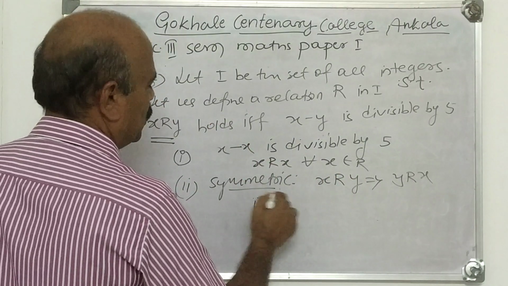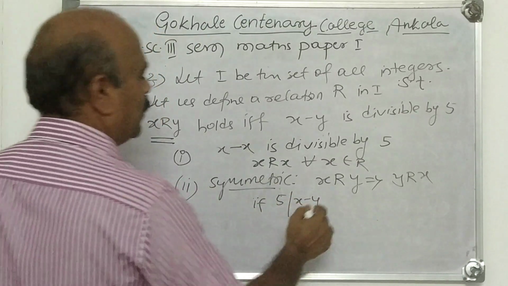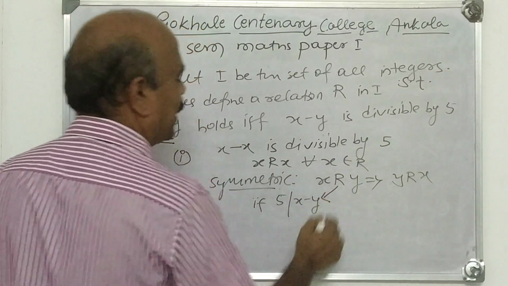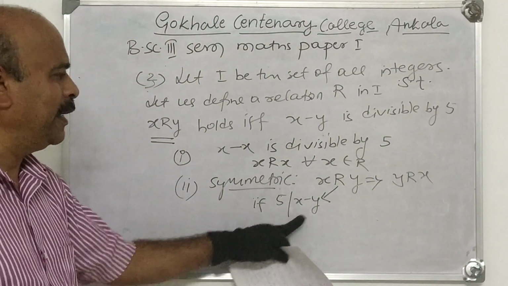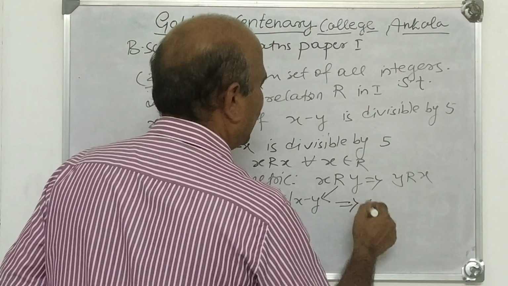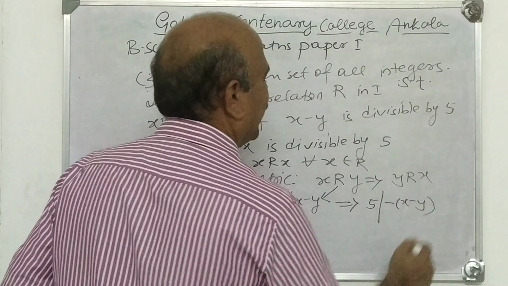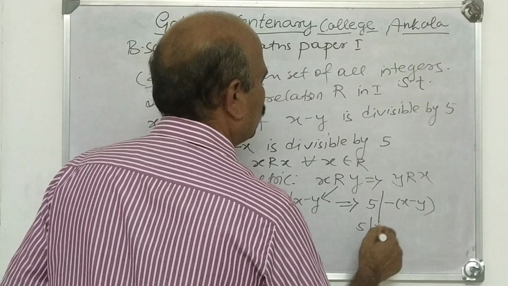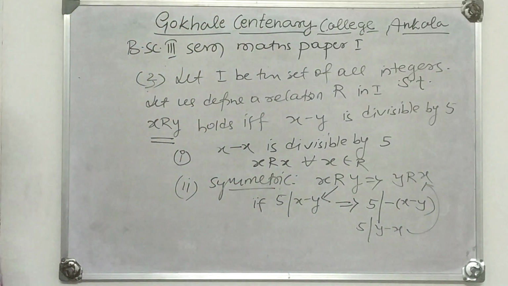Suppose 5 divides x minus y, then x R y. That is the meaning of x R y. 5 divides x minus y implies 5 divides minus of x minus y, so 5 divides y minus x. This implies y R x.